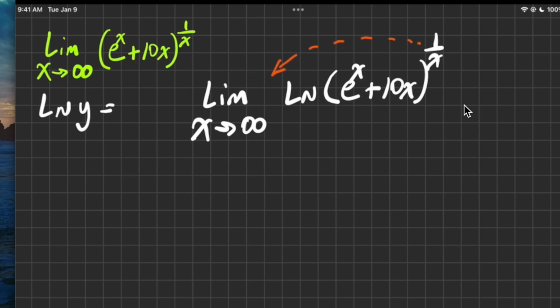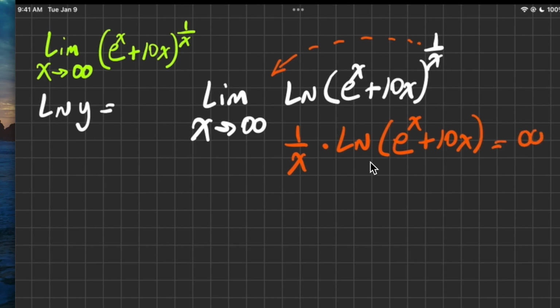So now we're going to have 1 over x times the natural log of e to the x plus 10x as x goes to infinity. As x goes to infinity, this is going to become infinity, that's going to become infinity. This new version of the limit is going to be infinity over infinity, and this is L'Hopital's friendly.